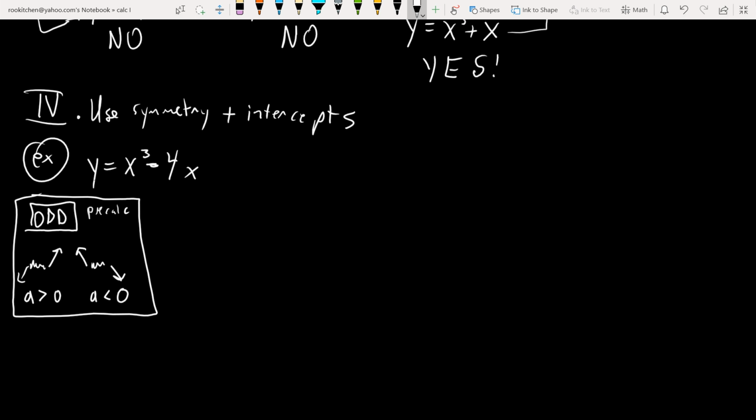What else can we do then? We can get the intercepts. So for the x-intercept, we let y be 0 and solve.